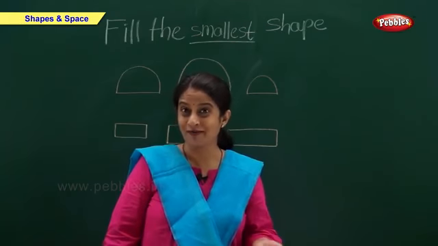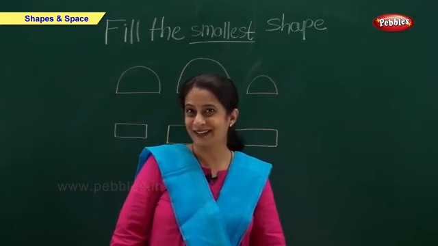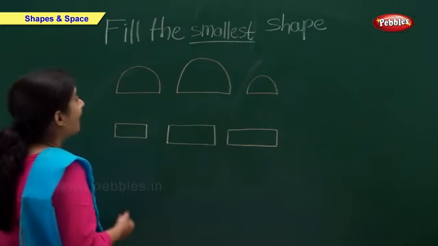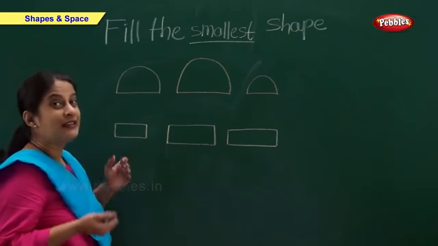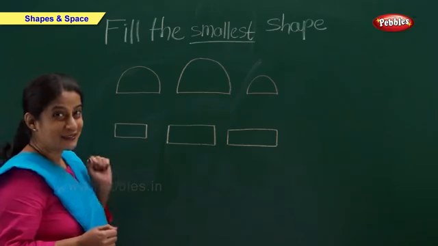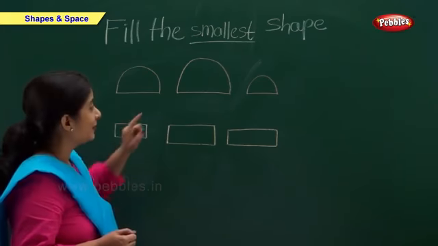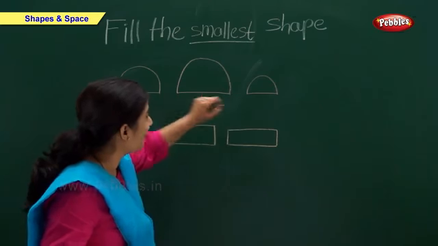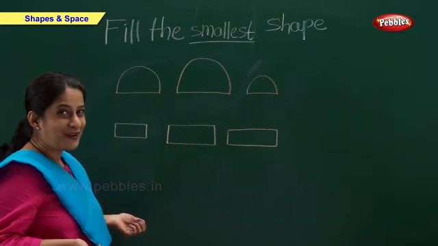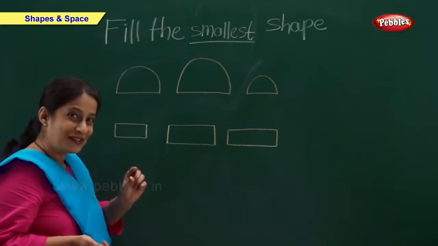Now you have to help me to identify the smallest shape so that I can fill it. I have 3 semicircles. So which is the smallest? Let's find out. Is this the smallest one? Or this? Or this? Which is smallest? Right, the third one is the smallest one.